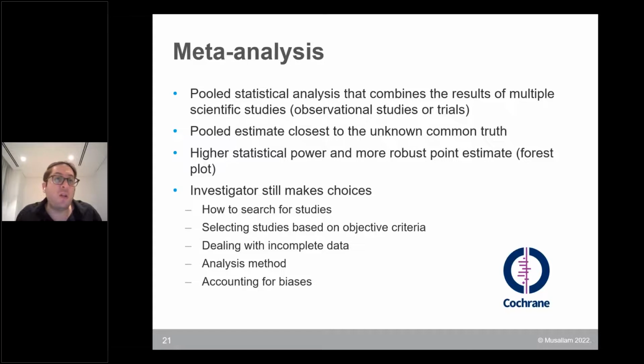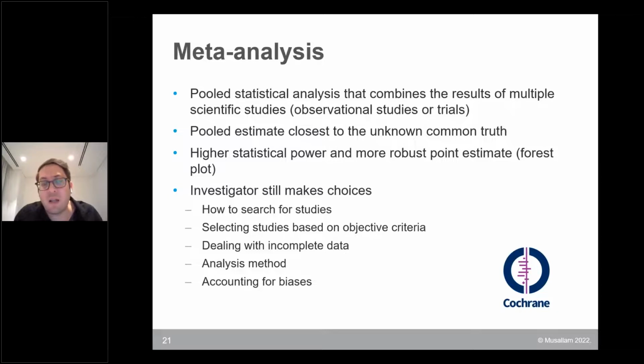The reason we do them is that in many instances, we do see a lot of conflicting data from different trials. That's why you need to pool them together to see what is the collective conclusion from all of these trials. There are many entities and agencies, like the Cochrane database, for example, that conduct these regularly for certain research questions, and they keep updating them to ensure that the most recent conclusions are there.